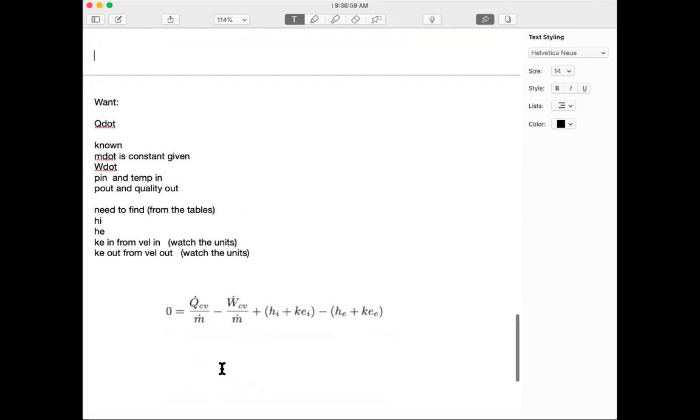I'll write that down. You're going to use H equals H saturated vapor times X plus H saturated liquid times 1 minus X, where X is the quality. Does that answer your question?